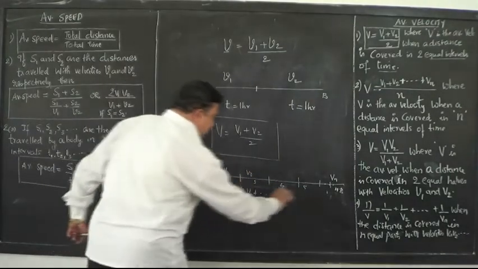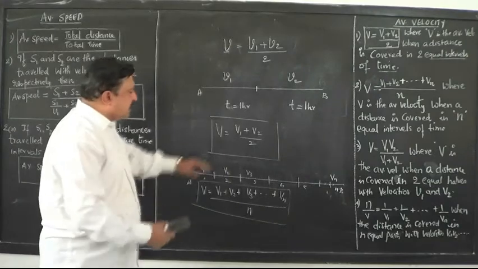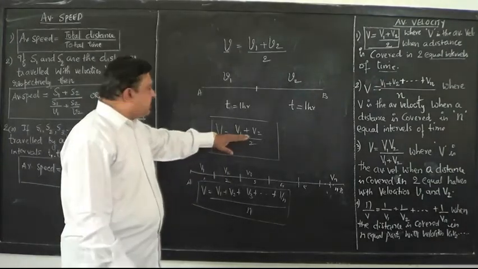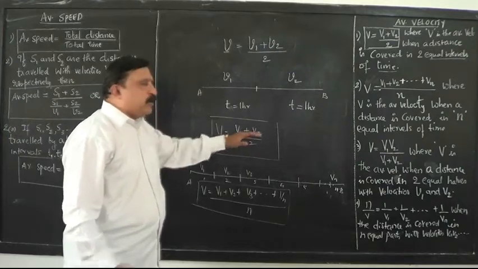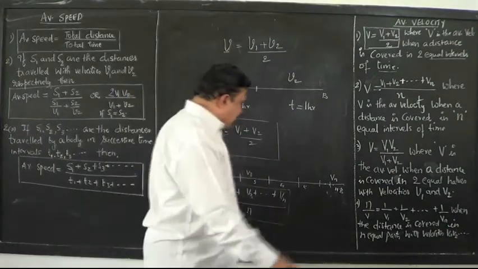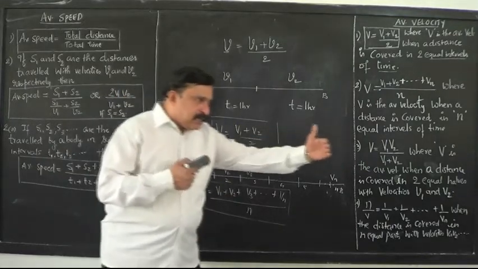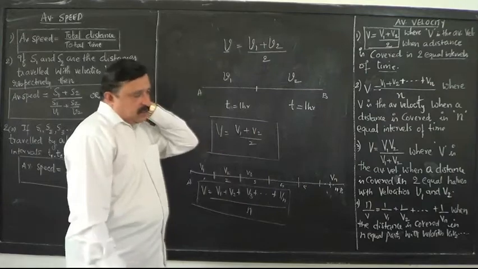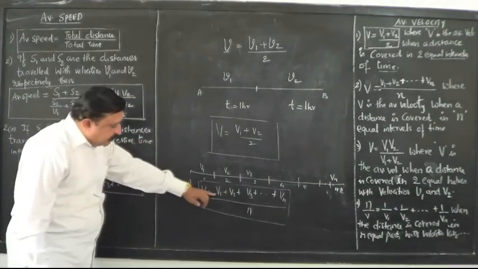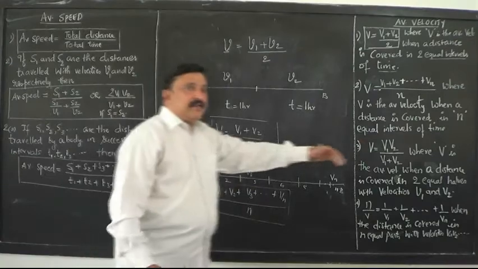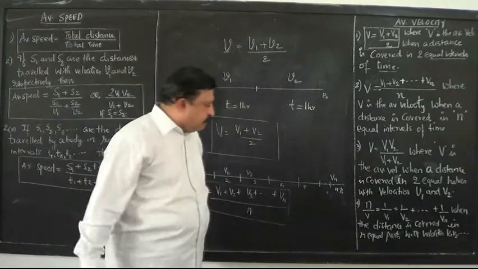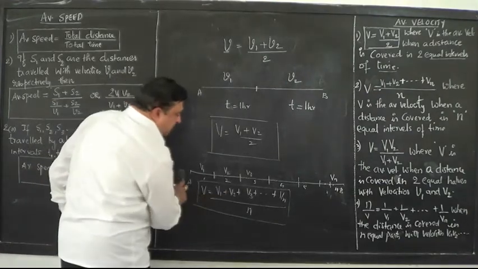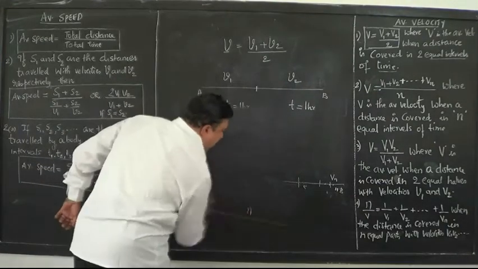If the body covers a distance in two equal intervals, then it is (V1 + V2) by 2, where V1 and V2 are the velocities in each of these intervals. If a body covers a particular stretch in n equal intervals with different velocities V1, V2, V3 in each, then the average velocity is (V1 + V2 + V3 + ...) over n.